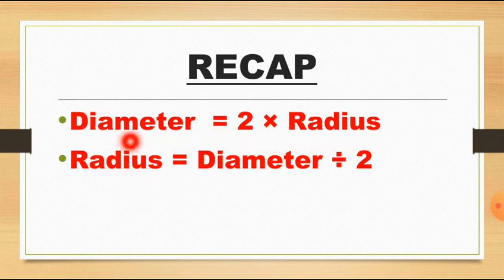That is, diameter is 2 times radius. And radius is equal to diameter divided by 2. That is, radius is half of the diameter. Everyone learn by heart: diameter is equal to 2 into radius, and radius is equal to diameter divided by 2.